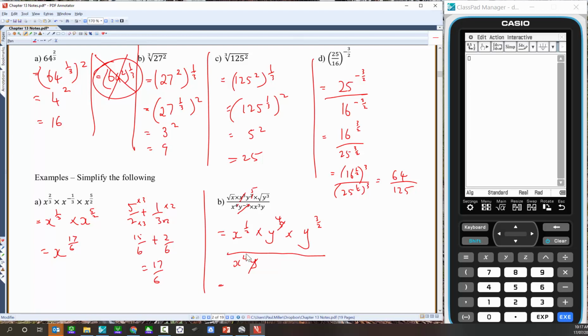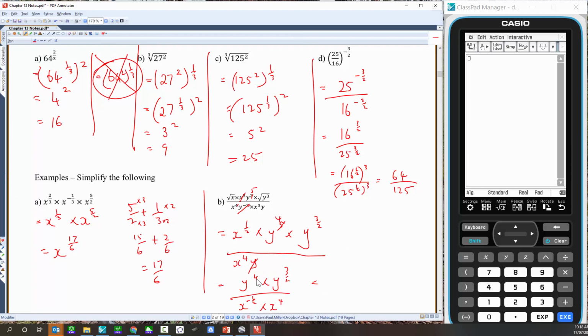And what I'm going to do is bring this to the numerator, the denominator rather. So I'm going to rewrite this as y to the 4 times y to the 3 on 2 over x to the negative a half times x to the 4.